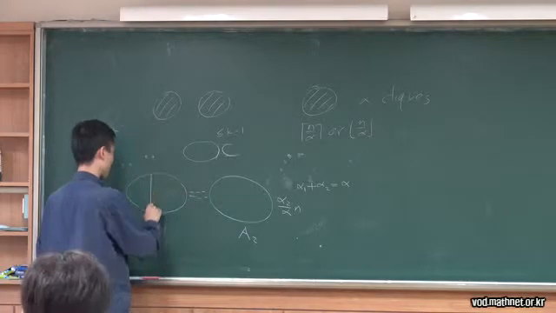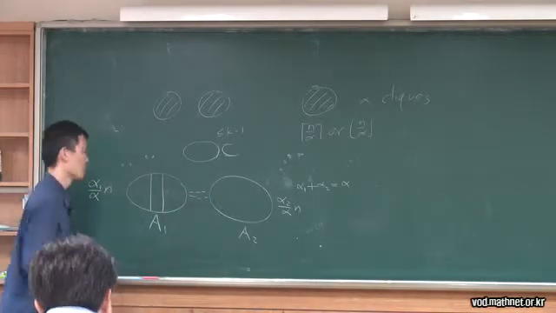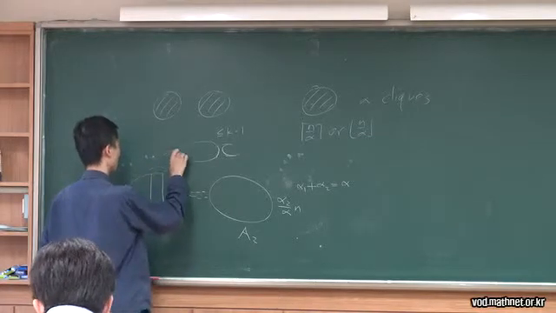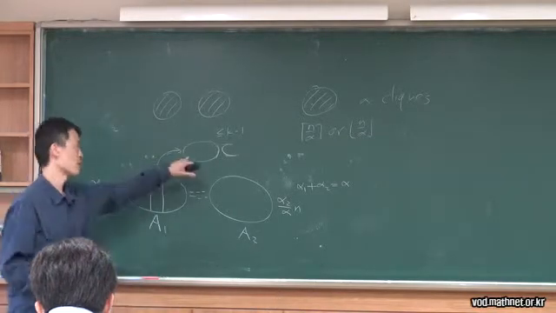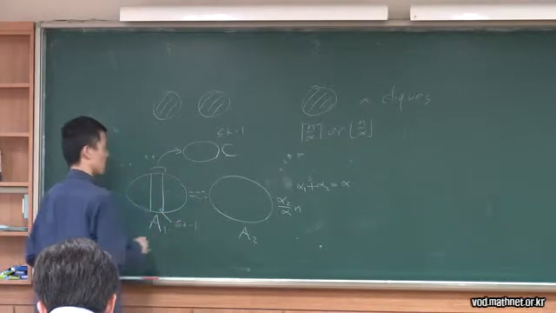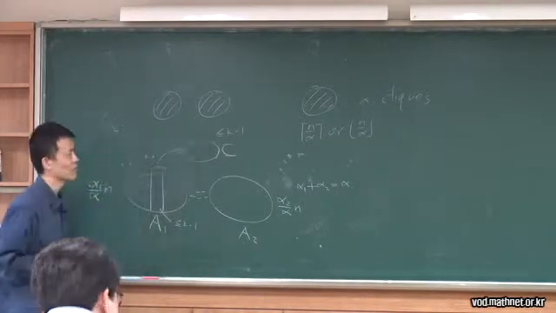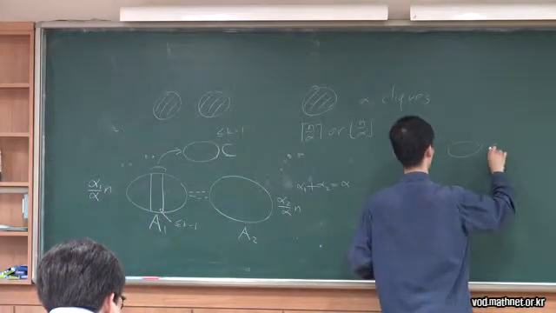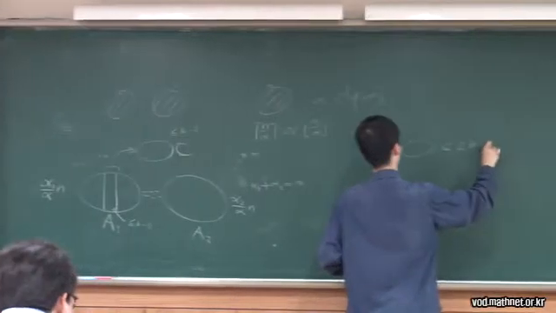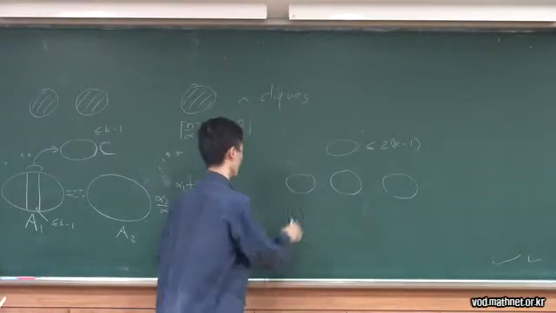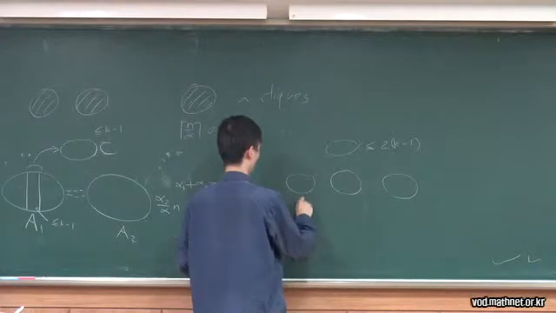I can split up A1: here's another cut for A1, at most k minus 1, and I can move this cut over to C. Then I get a new cut that is now at most 2k minus 1, and I got 3 parts.